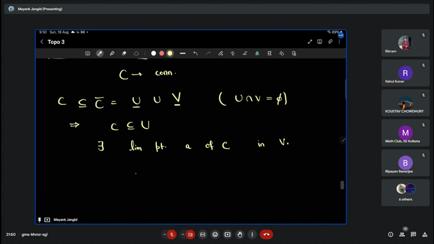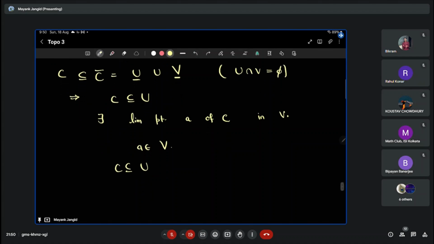So there should be some limit point of C which lies in V. Therefore, A belongs to V. But C is contained entirely in U, and therefore this is a contradiction to the fact that A is a limit point. Therefore, A can't be a limit point.